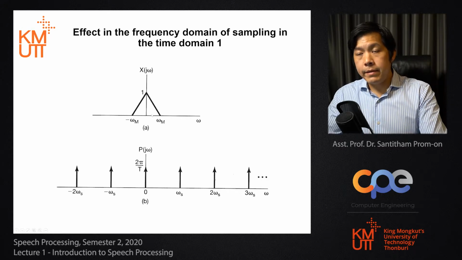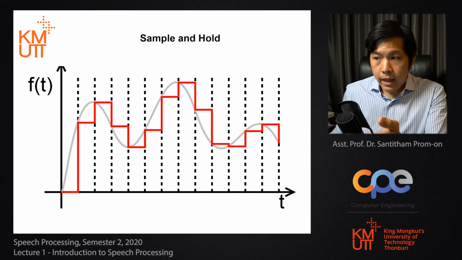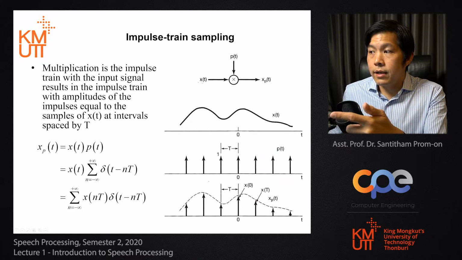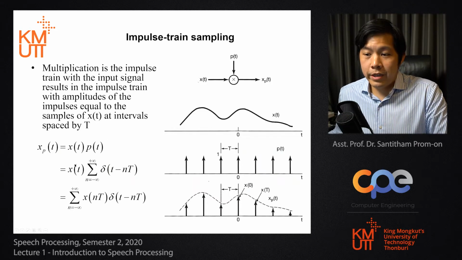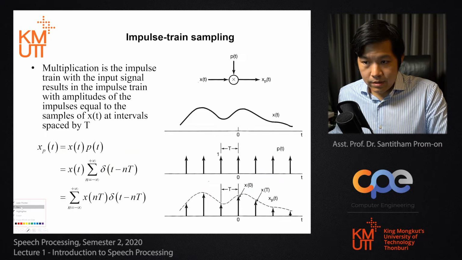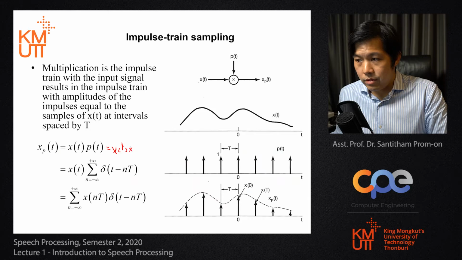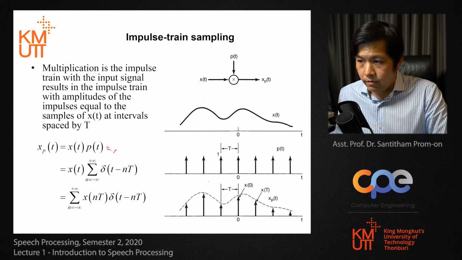If we were to sample the data by multiplying the impulse train with x(t), the representation of multiplication here, you remember from calculus, is X convolved with P. Sorry, let me erase this and write a new one.